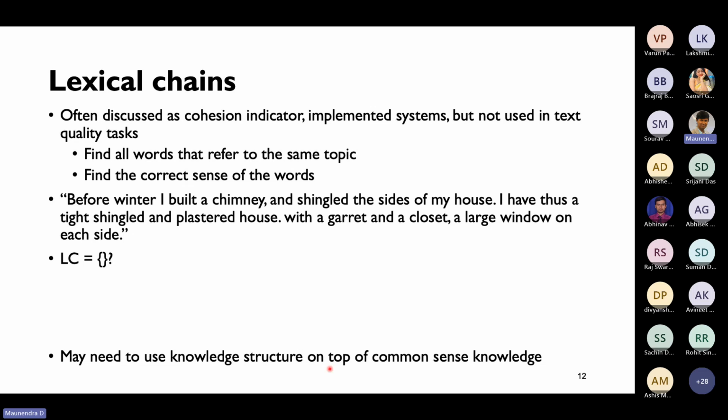Common sense knowledge also can, if it can be built in somehow. So this is about lexical chains, which says that if entities or parts of entities are mentioned throughout, and we can identify that, possibly that will be coherent. We are not abruptly jumping to completely new things.